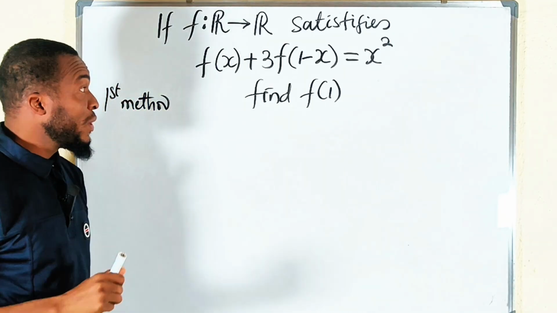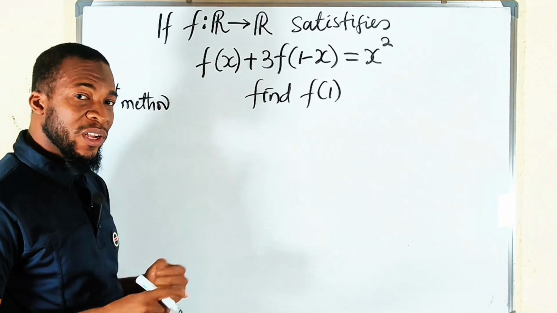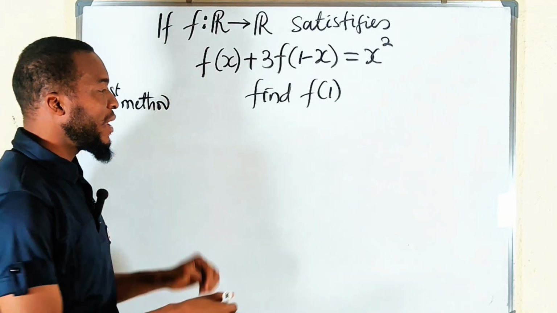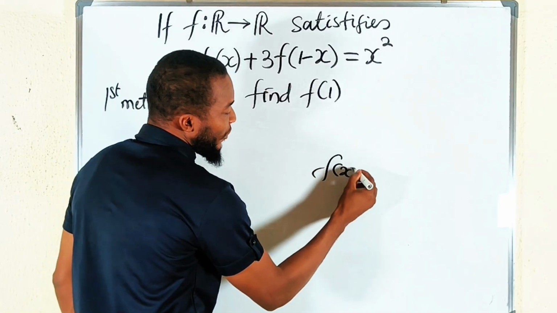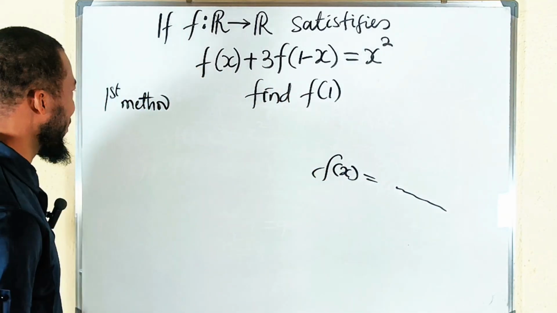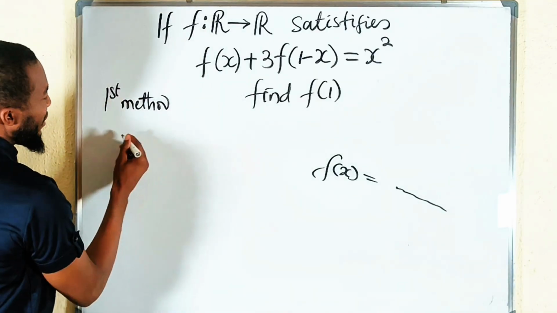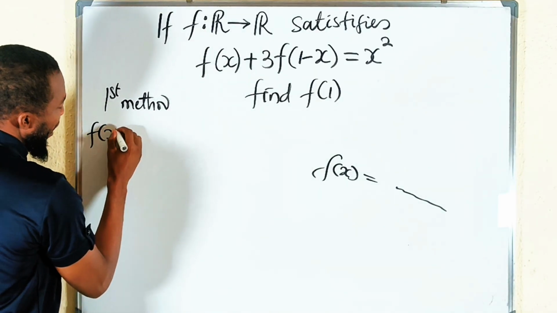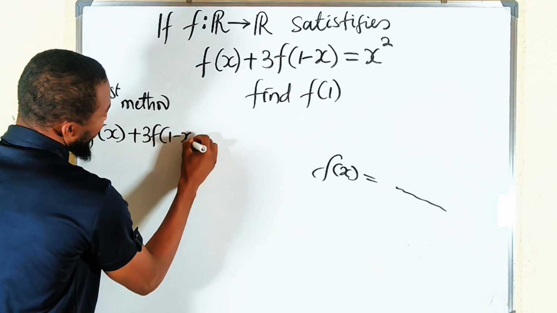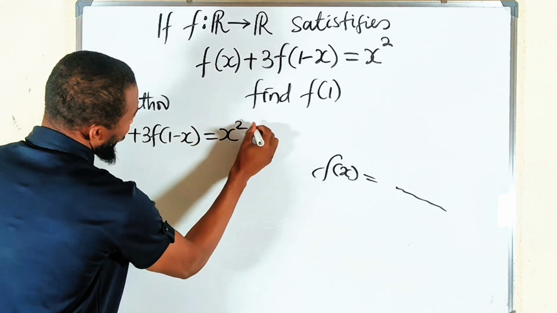In the first method, I would like to solve the functional equation. Whenever you're asked to solve the functional equation, you have to write it as f of x equals something dependent on x. So let me rewrite the functional equation. f of x plus 3 times f of 1 minus x is equal to x squared.